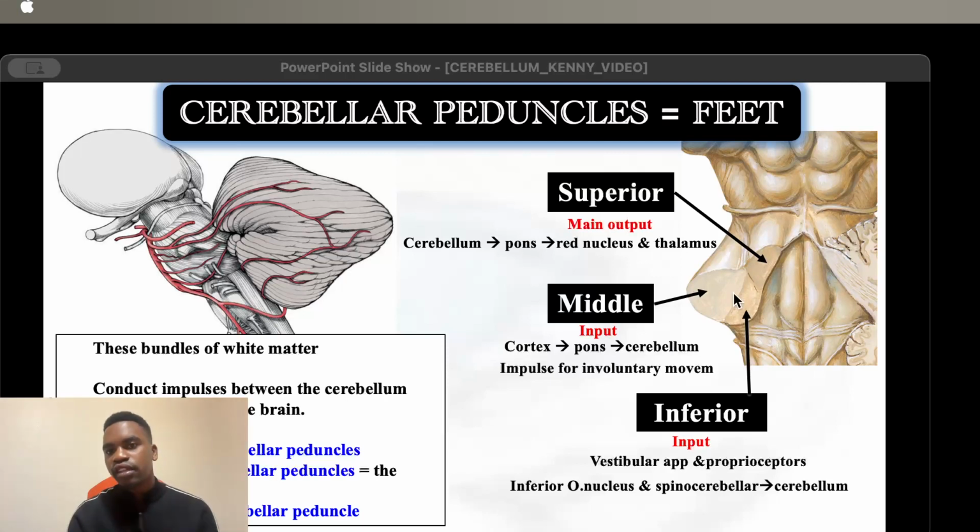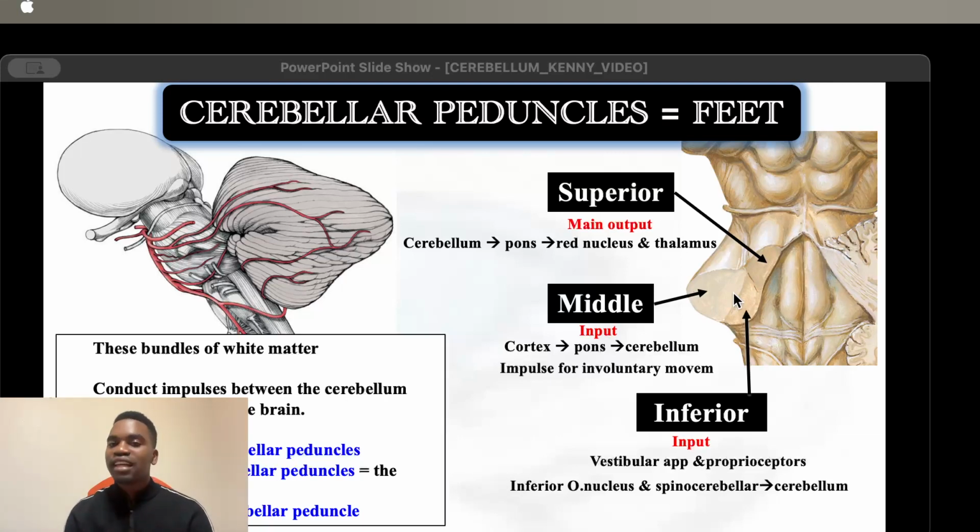So this communication is basically communication between the cerebellum and the pons. But the information is not limited to the pons. The information will go to the red nucleus of the midbrain and some other parts of the thalamus, even the cerebral cortex.